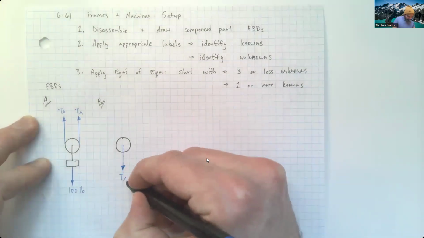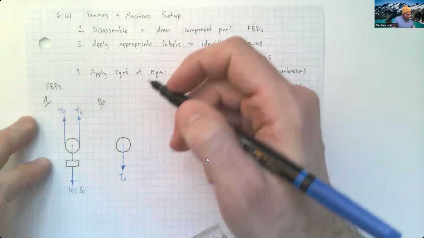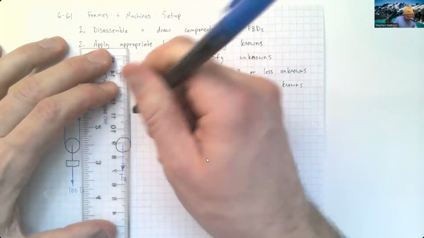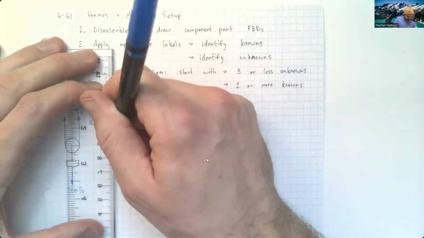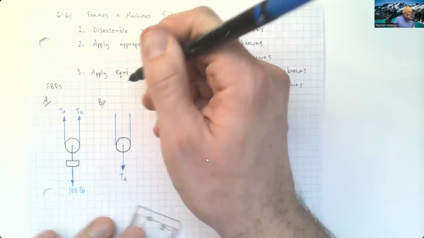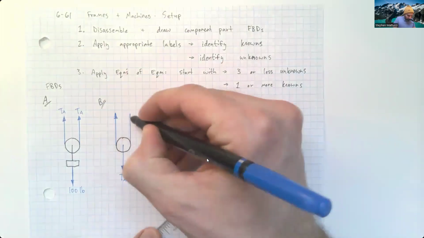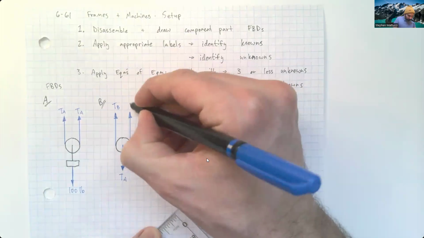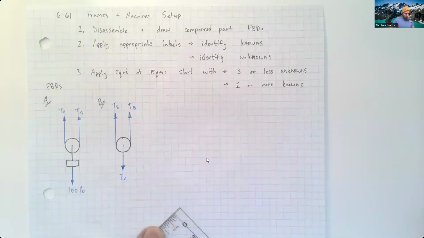So this is going to be TA. Same thing with these two cables that act upwards. TB, TB.